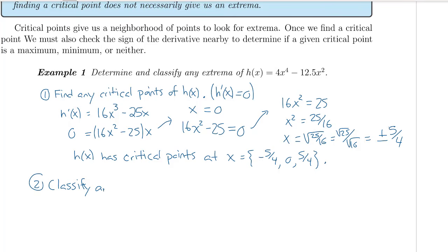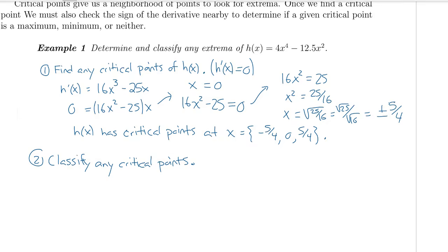So classify any critical points. And I'm using this language any because it may be the case that there are no critical points. So if you're really lucky, then you'll do step 1. You won't find any critical points, and then you're done because at a max or a min, you have to have a critical point. So if there are no critical points, there can't be any max nor mins. All right. So classify any critical points.